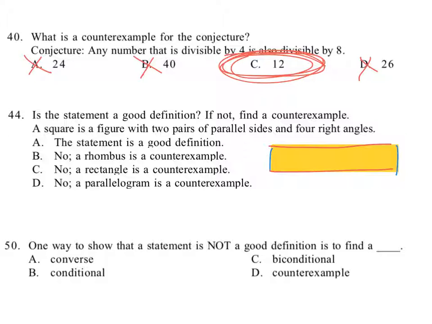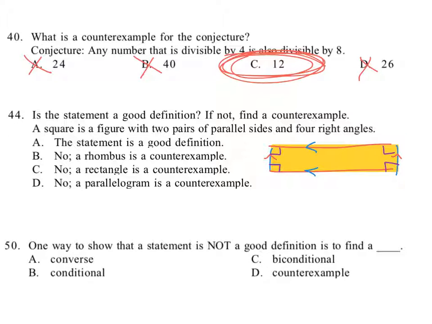And we could say that shows that they're parallel. Okay. And 4 right angles. How do we do right angles? Well, this is a rectangle, so we know that those right angles are there. Right angle, right angle, right angle, right angle. 4 right angles, 2 pairs of parallel sides.